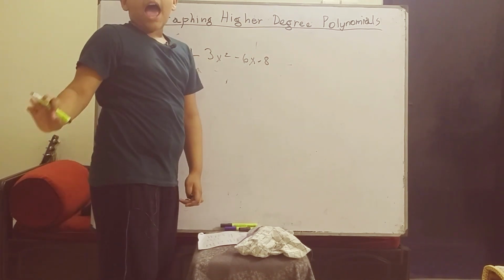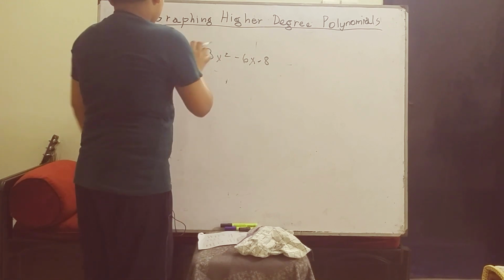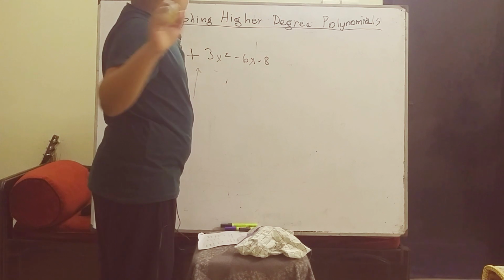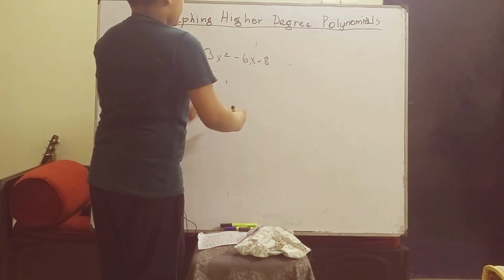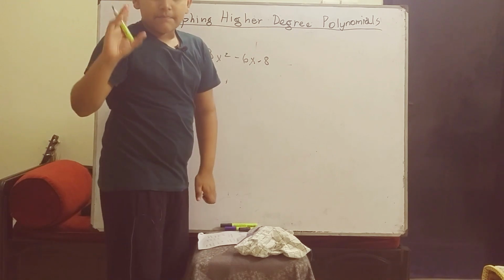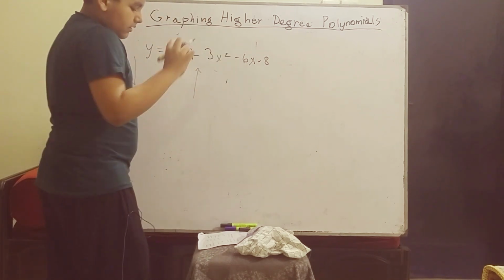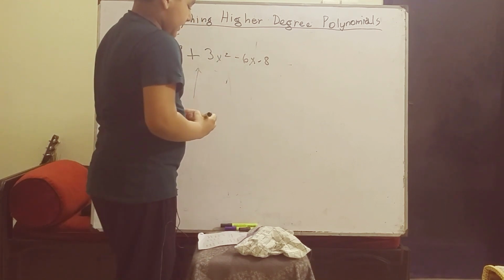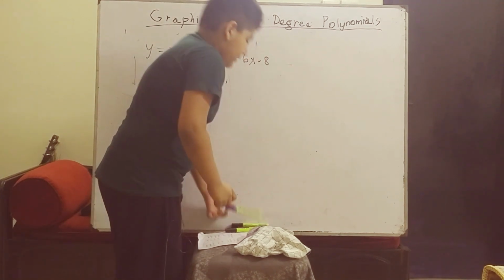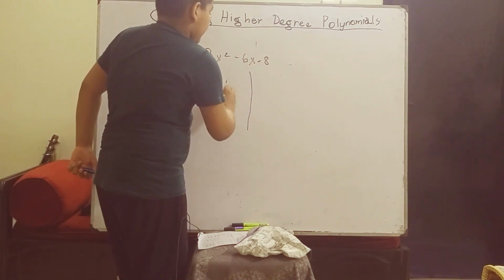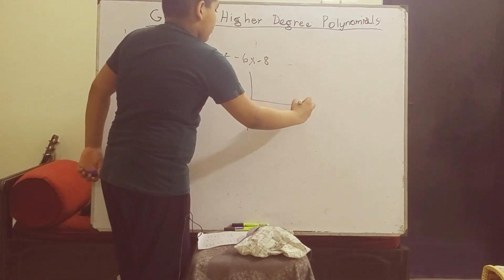Now we still don't have enough information to do a complete sketch. We just know the side to side. Now we need to know what happens in the middle. So we need to find the zeros, which graphically speaking are the x-intercepts. Let me just draw the coordinates.